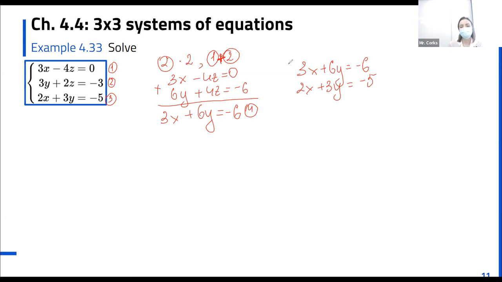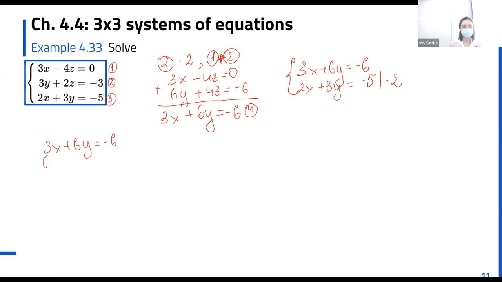So I suggest using elimination. So we need to get rid of one of the variables. If we just multiply this part by 2, we will get 6 exactly. So let's try doing this. So what we get? 3x plus 6y equals 6.